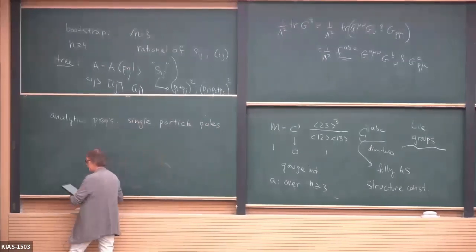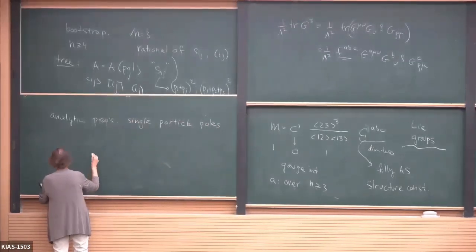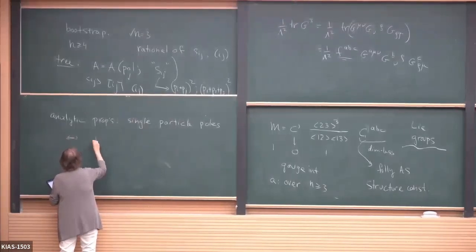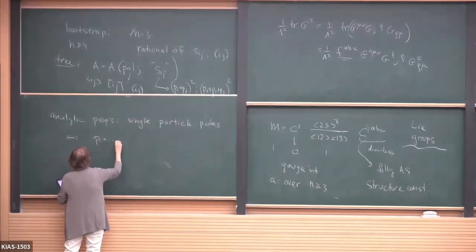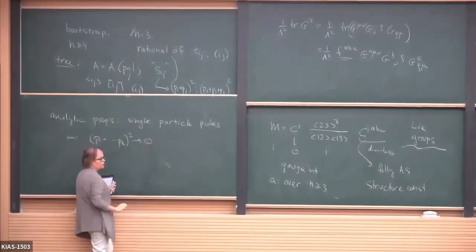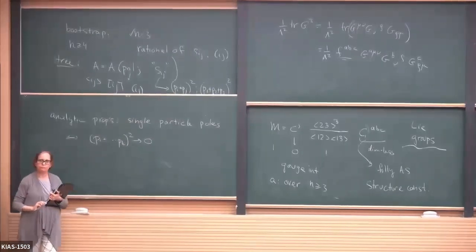And these single particle poles correspond to some (p_i plus p_k) squared going to 0. Right?